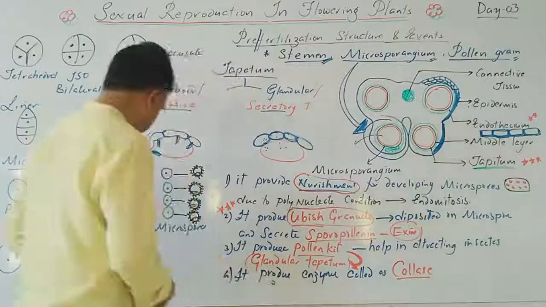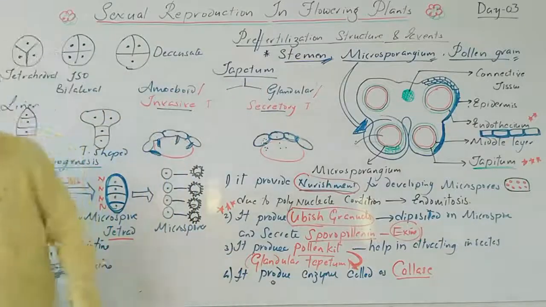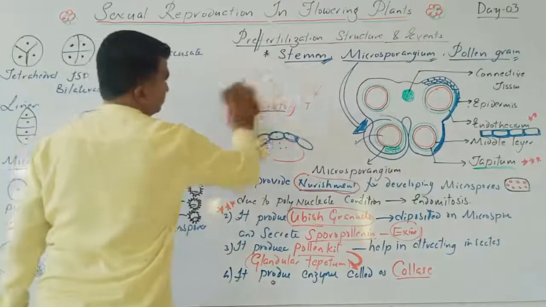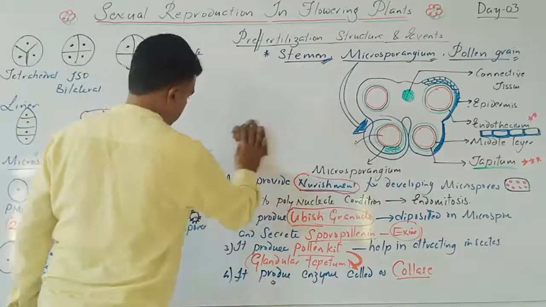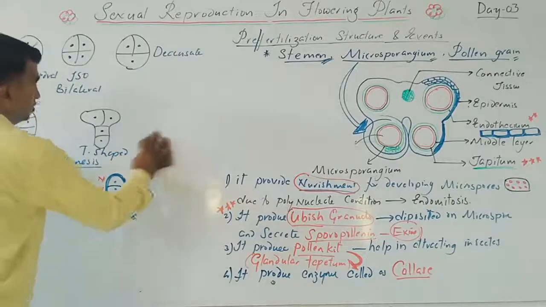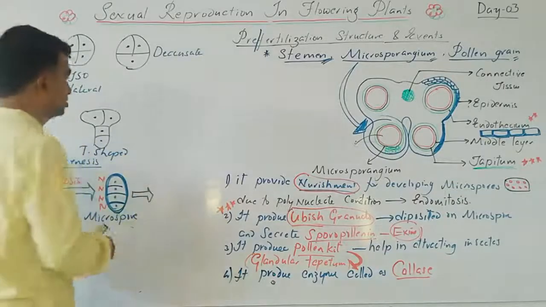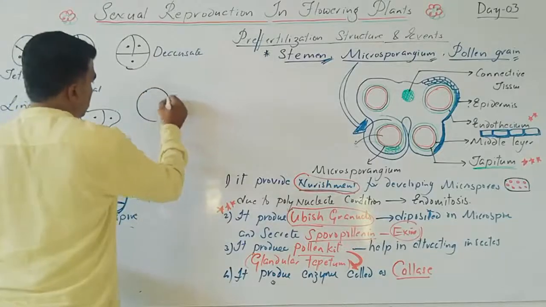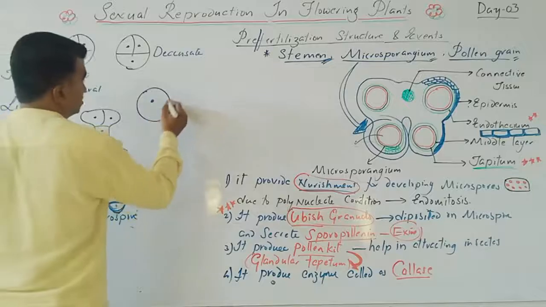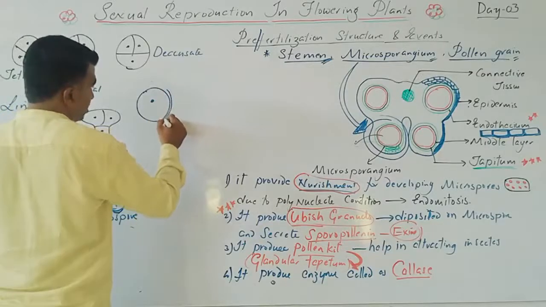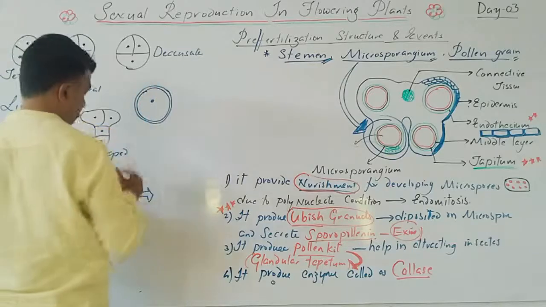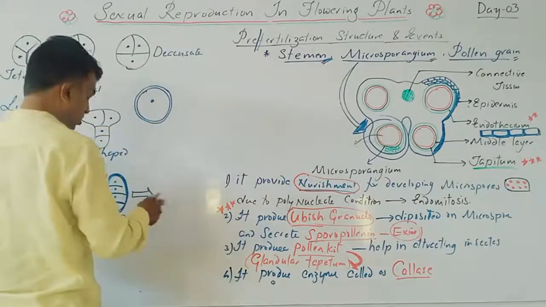The exine. So more topic is there, so I am going to write here. That topic covered. This is the pollen grain. So this is the nucleus of the generative cell and vegetative cell, and this is the intine, which is elastic and flexible in nature, made up of pectin and cellulose.